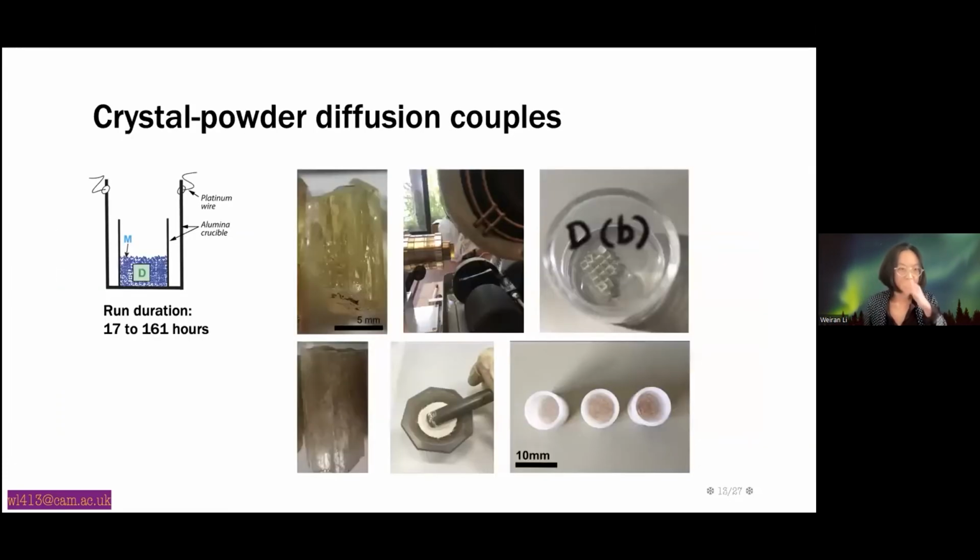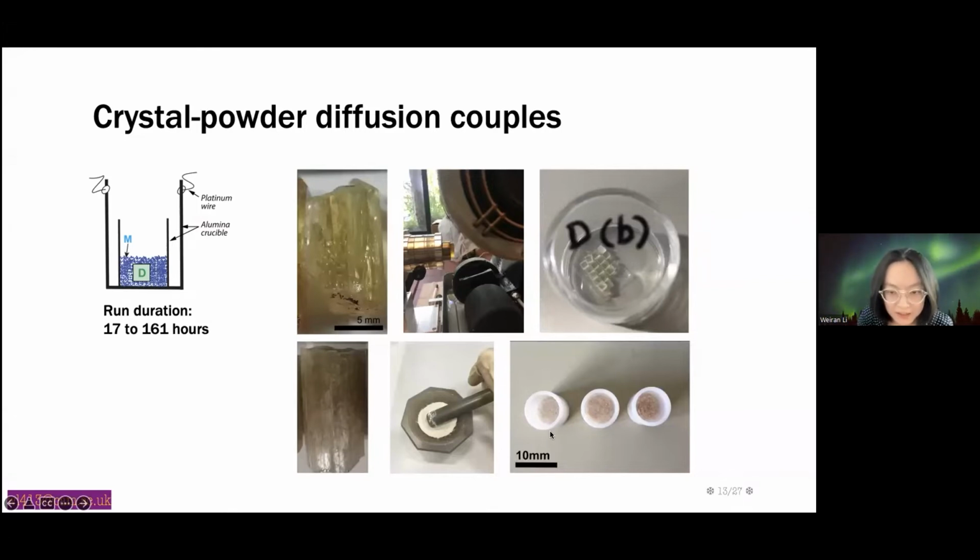We have two types of diffusion couple. One of them is a more conventional technique called the crystal-powder couple. Basically we embed a coated Durango cube, shown here, about 2 by 2 by 2 millimeters, in powder made from Morocco apatites.